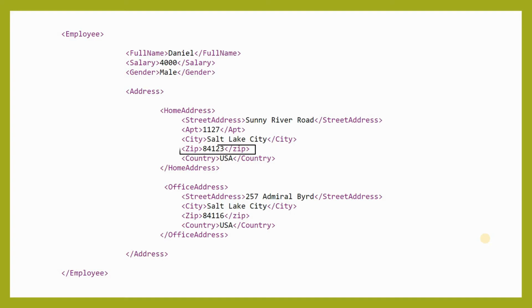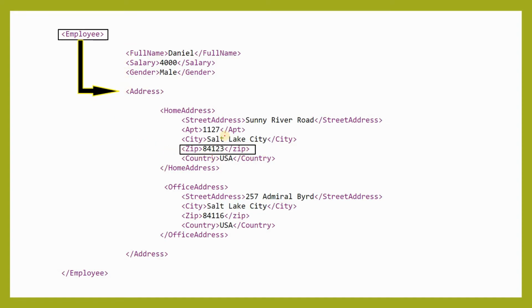Now let's see how to retrieve the zip code from this XML response. As I told you, the XPath expression will always start from the root node. Under the root node, we have four elements on the same level: full name, salary, gender and address. So you can switch to any of the nodes that are on the same level.